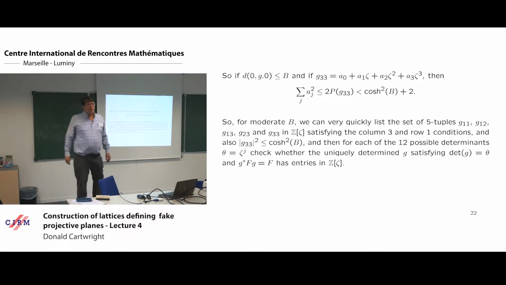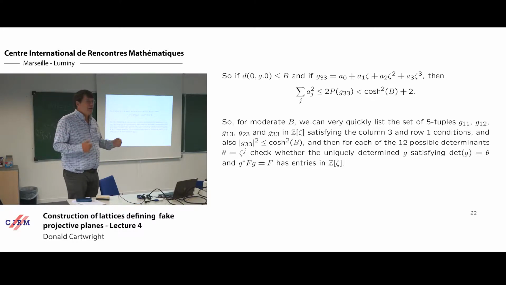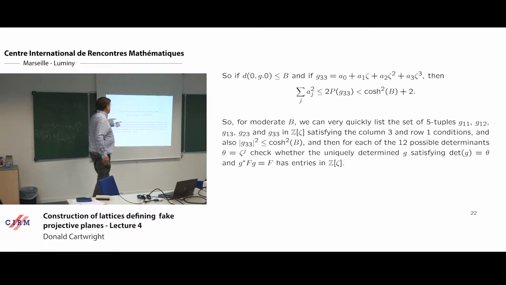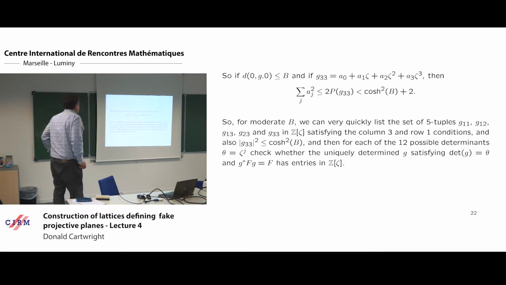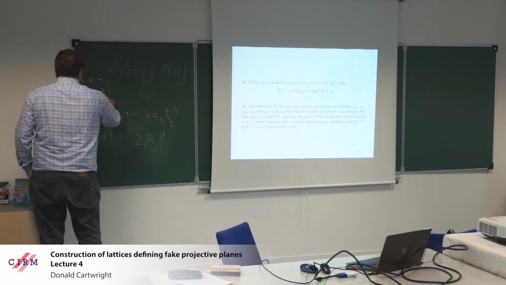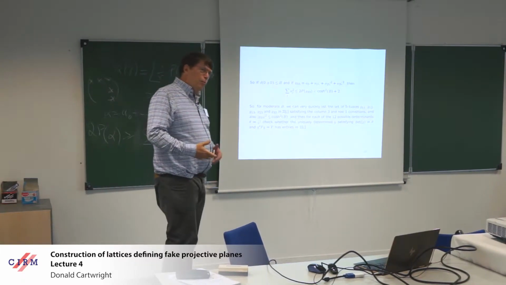Okay. So this is a bit dry, but you see this gives you a very fast algorithm for calculating elements, because the sum of the squares of these coefficients is bounded. All the coefficients are bounded by this particular quantity, and so for moderate b, it's very quick to write down all the possibilities for the 5 elements in the matrix that satisfy the column 1 and column 2 conditions.